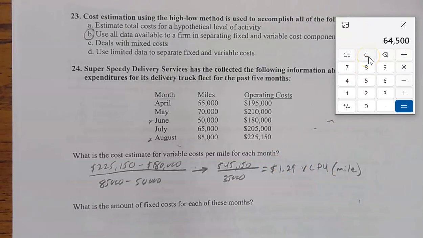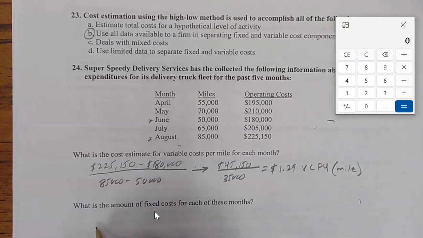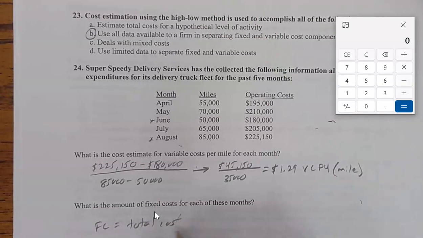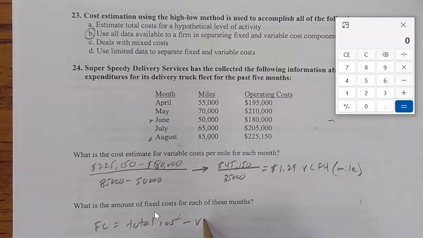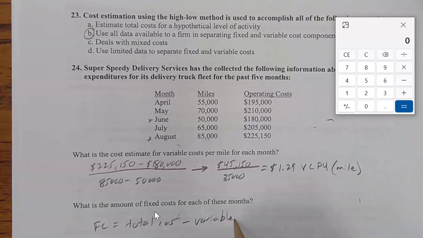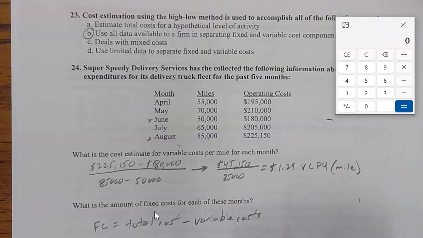All right. So how do we figure this out? Well, to get the fixed costs, we're going to say that fixed cost equals total cost minus variable costs.